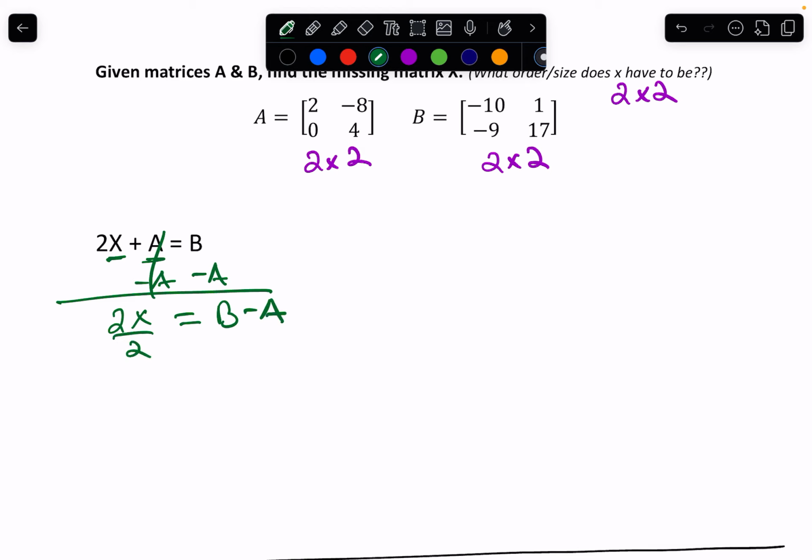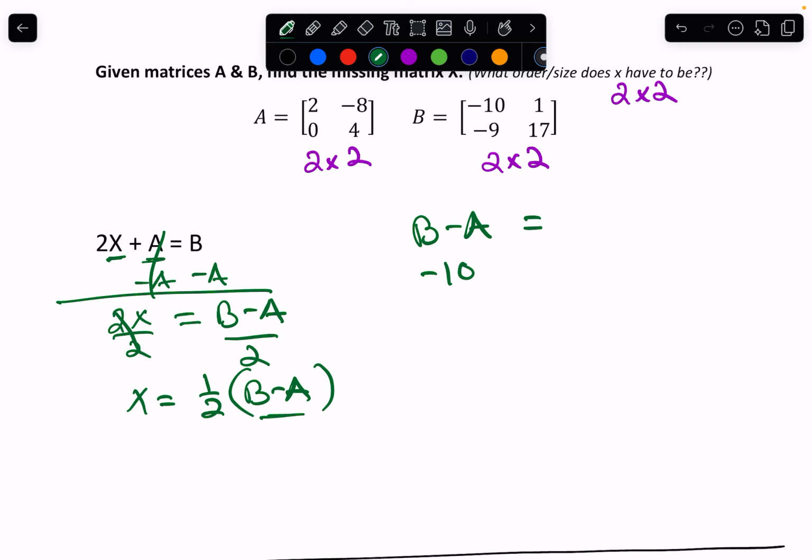Then we're going to divide by 2. So we get x equals half of matrix B minus matrix A. We're going to do this calculation first, matrix B minus matrix A.